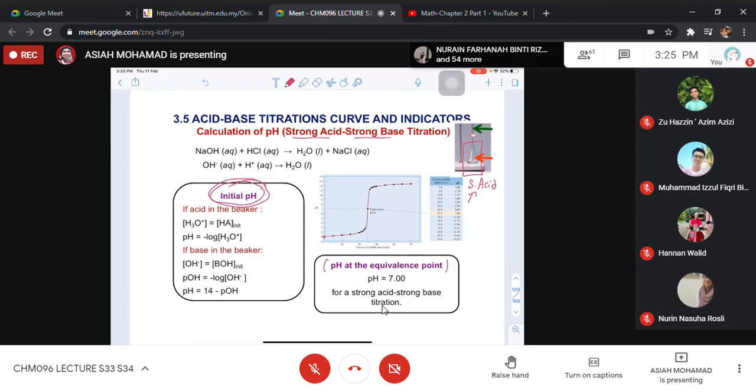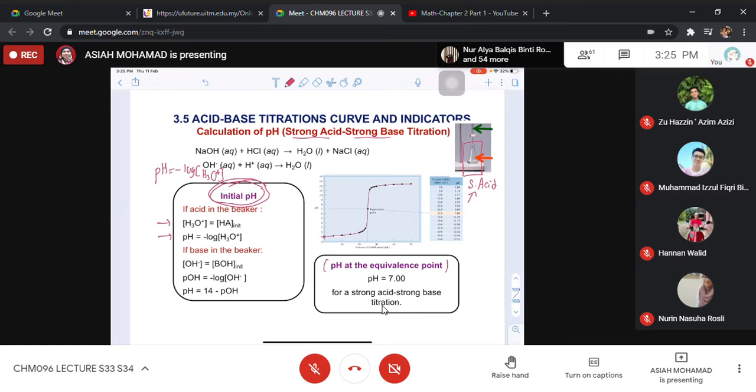We need the info negative log of H3O+. What is the concentration of H3O+? For strong acid, H3O+ is equal to the concentration of acid itself. So you can directly determine the pH.